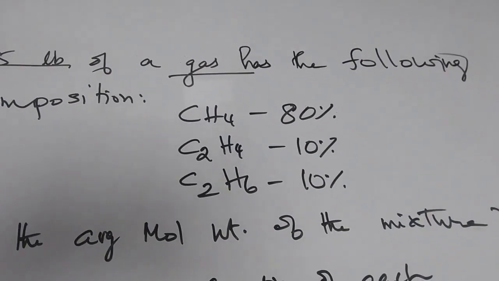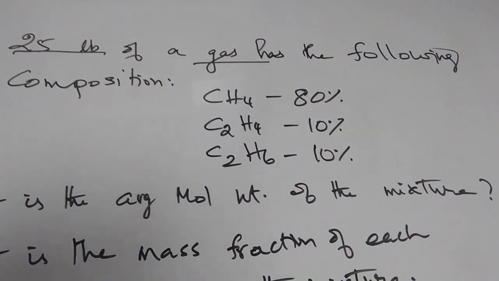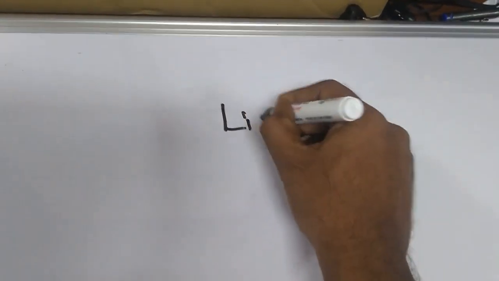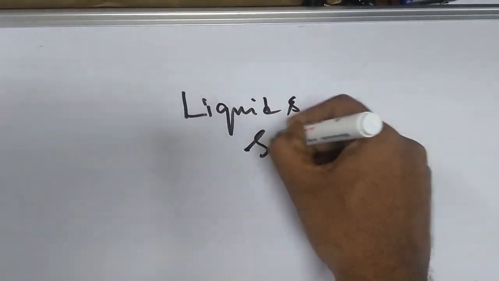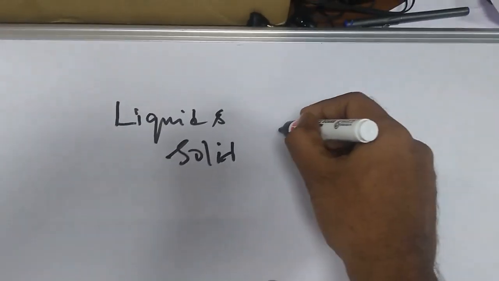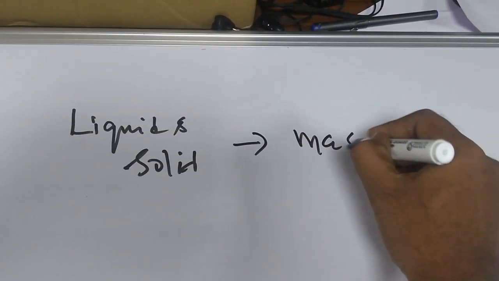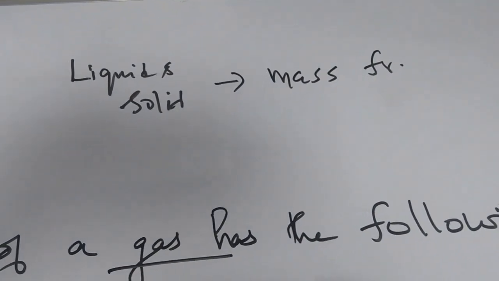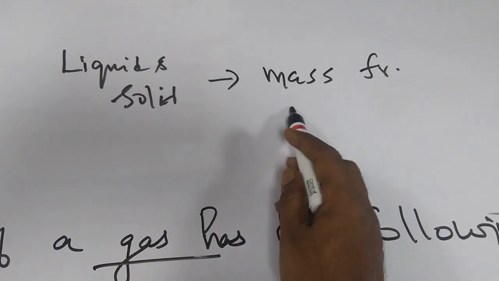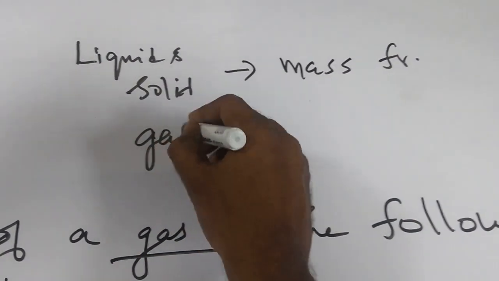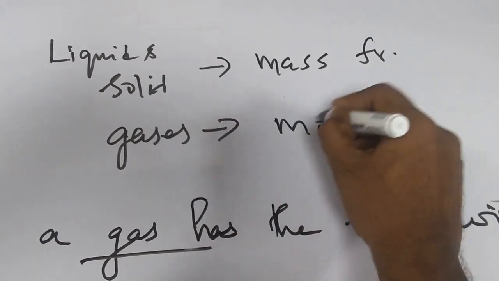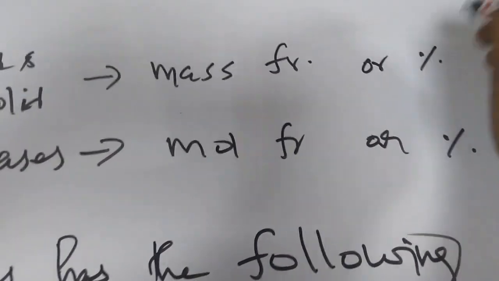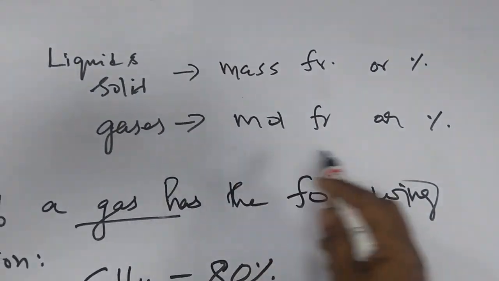Remember, throughout this course, if what percentage or fraction is not mentioned, for liquids and solids we assume it to be mass fraction or mass percentage, and for gases we assume it to be mole fraction or mole percentage.